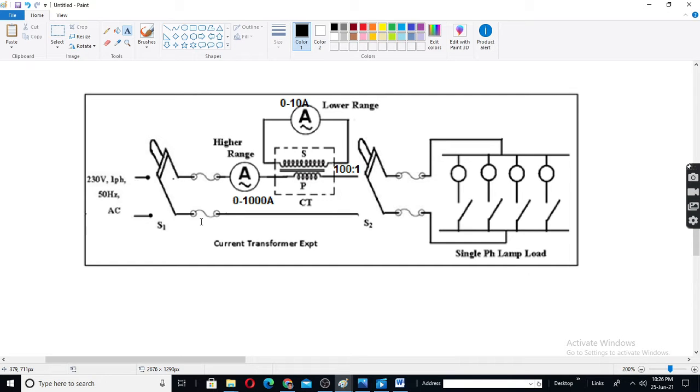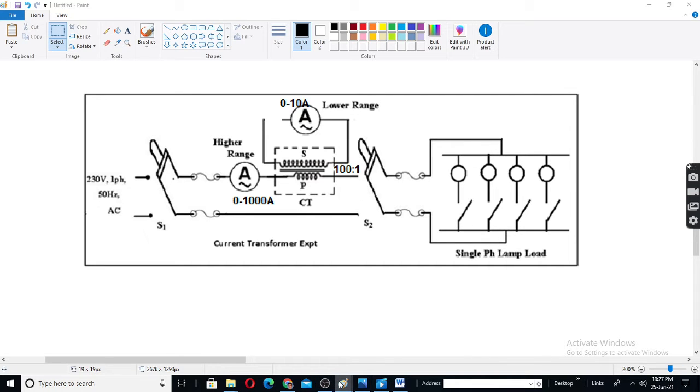See here, suppose you have a 230 volts supply, load is 10 ohms, 23 amps of current will flow. Whether the secondary is open or closed, primary current will flow.